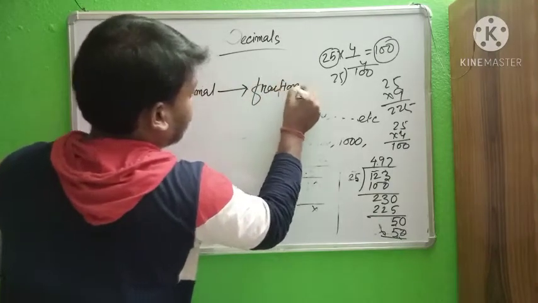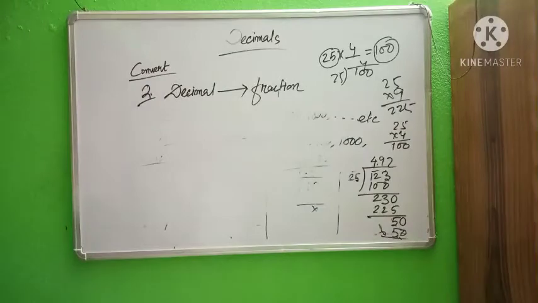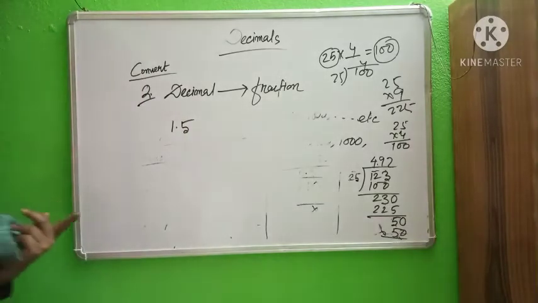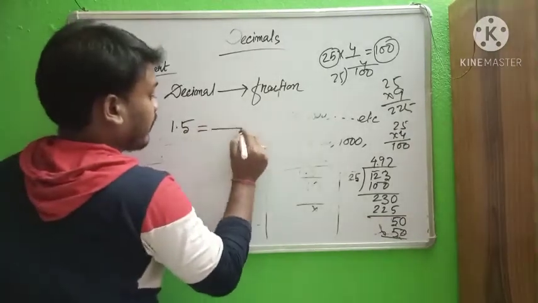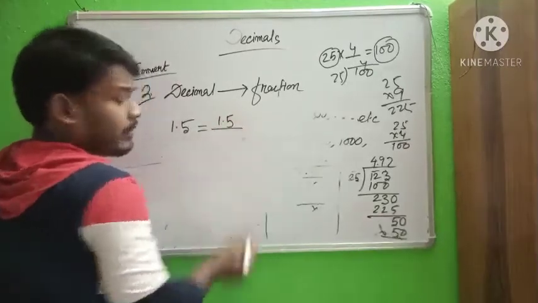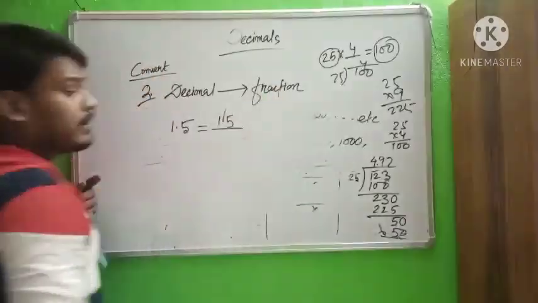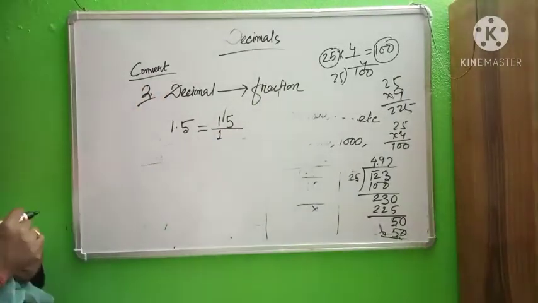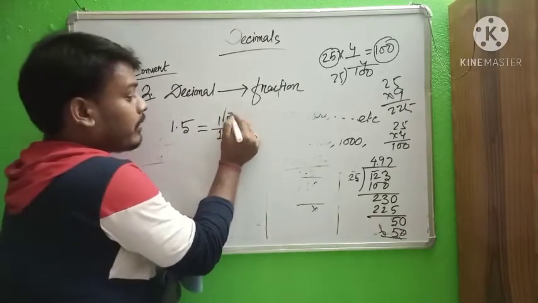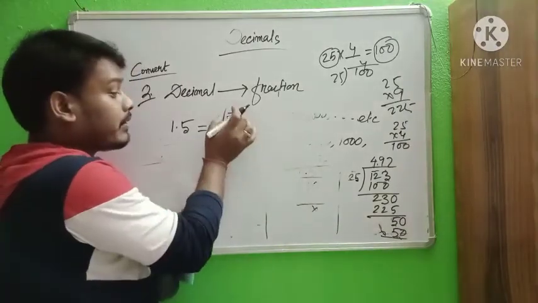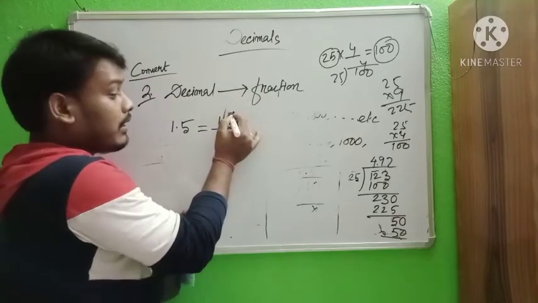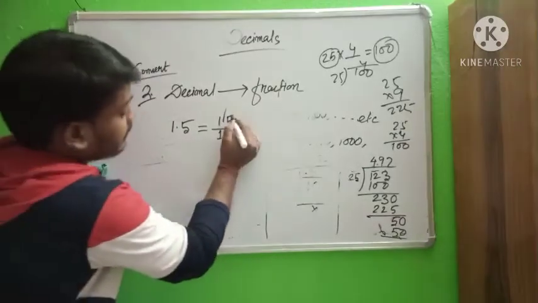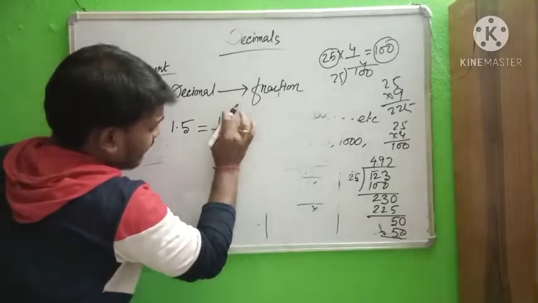So how to convert a decimal into a fraction? Take 1.5. The rule is, first we write 1.5 in the numerator, then we remove the decimal point, and for the denominator we take 1 and put the same number of zeros as the number of digits in the decimal part.